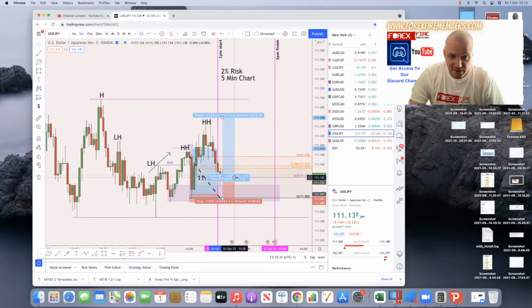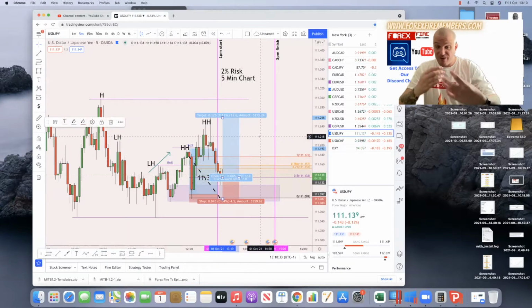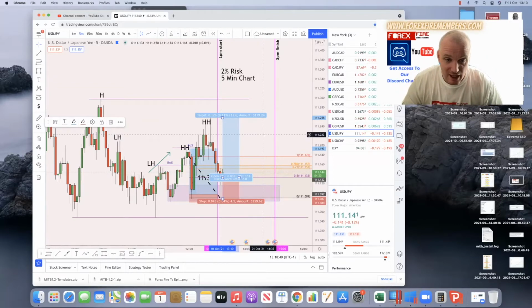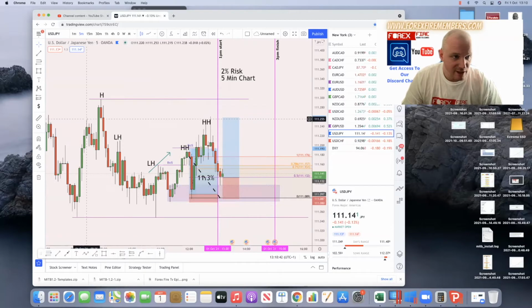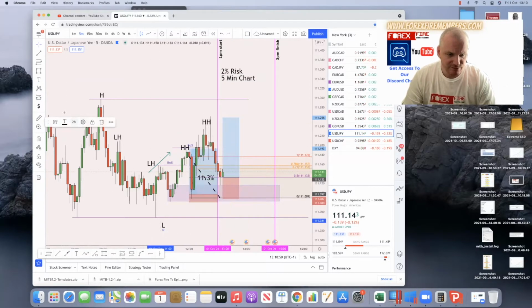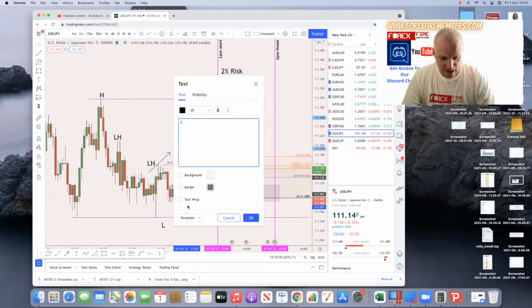If not, again, don't worry. We are just factoring structure in with this, so hopefully you can identify where we are with these, because we are now coming in and we've got a low. Okay, we've got lower highs.